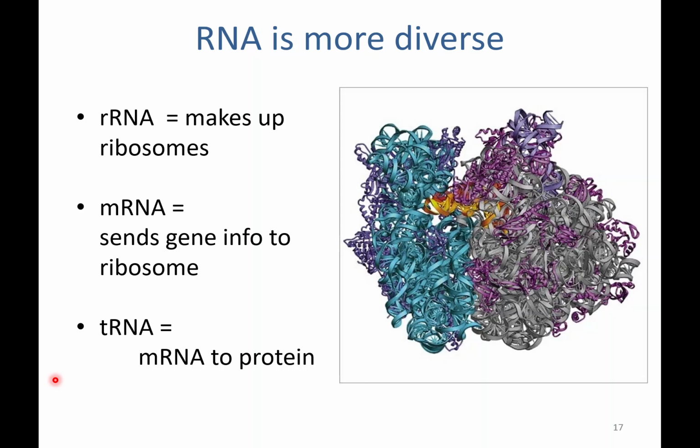So there's a little bit more diversity in RNA. You can actually have some RNA molecules that can catalyze reactions. So it's thought that RNA was really the first biomolecule, or at least the precursor molecule to DNA, to be able to store genetic information and pass it on or make copies of itself.